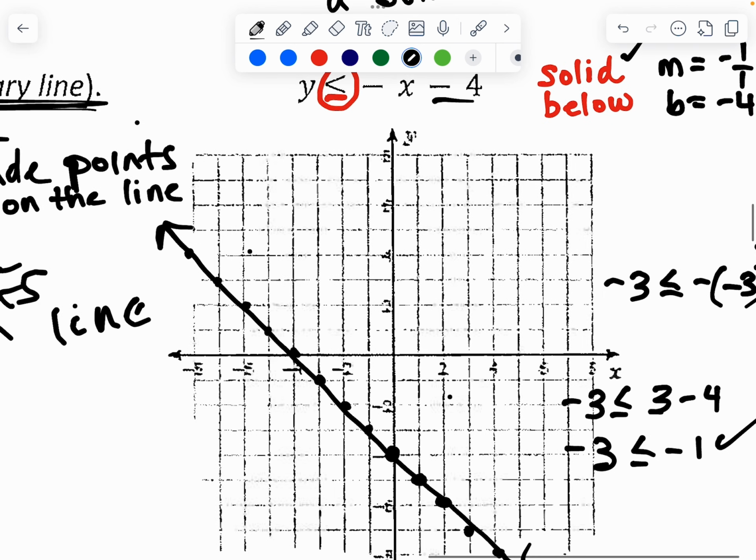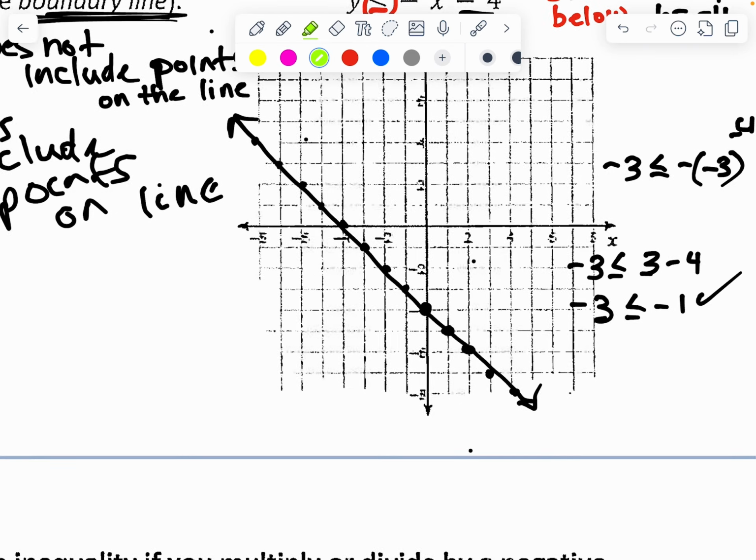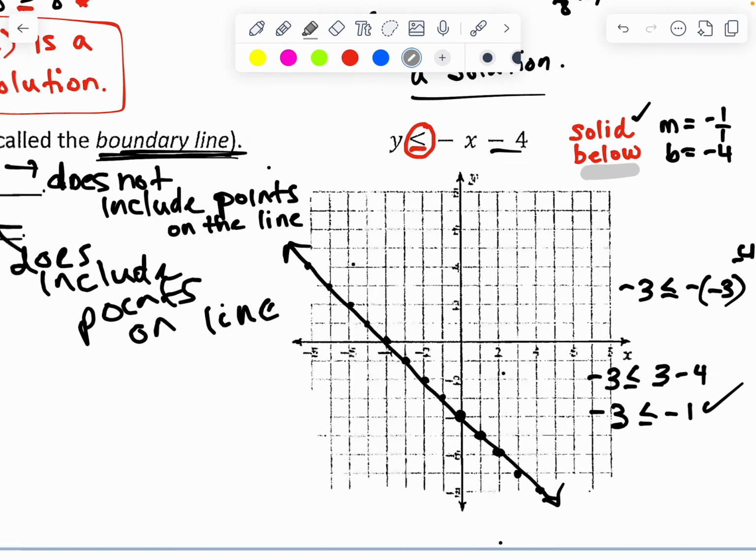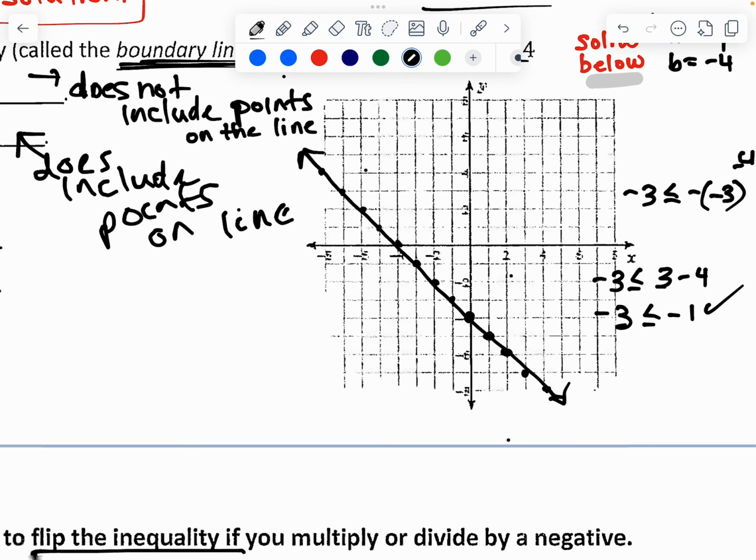And now I need to shade. So you're going to take your pencil. I'm going to use my little highlighter pen on here because it's easier. You're just going to lightly shade the below, because this says below the graph. So if I think about what below means, here's my little stick figure.